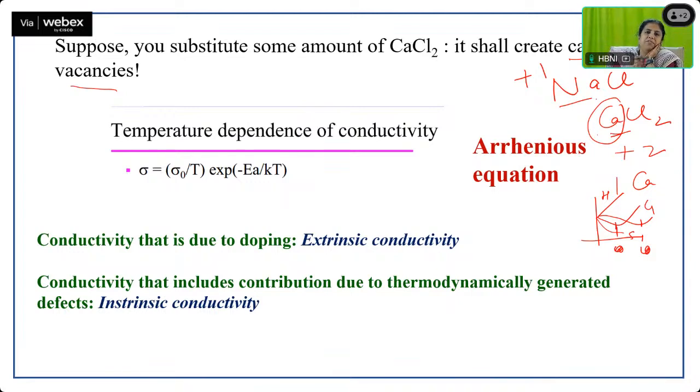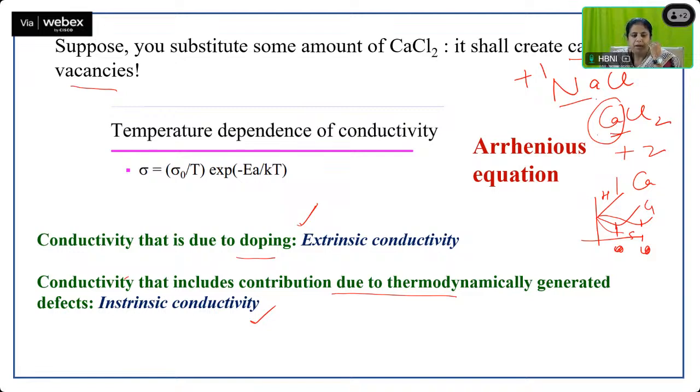Now, when I measure conductivity, there are two types of conductivity. Of course, the substance doesn't know that it has two types of conductivity, but I know because I have doped something into it. The vacancies that were created because of doping and are contributing to conductivity, that is called extrinsic conductivity, and the conductivity due to thermodynamically generated defects is intrinsic conductivity.